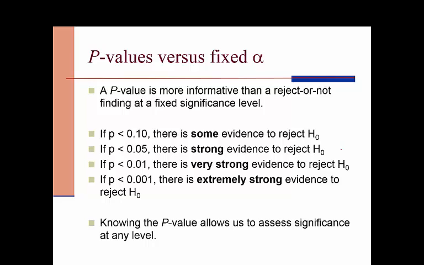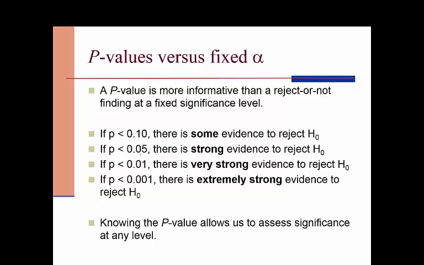The benefit, though, however, of using the p-value is that the p-value tells you how strong of evidence you have to reject the null hypothesis. Okay, so as p-value starts to decrease, you'll see it gets very strong evidence towards rejecting the null hypothesis. So at 10%, p-value being less than 10%, you have some evidence. So if your confidence level was 95%, which is pretty sure, then you would not reject your null hypothesis.